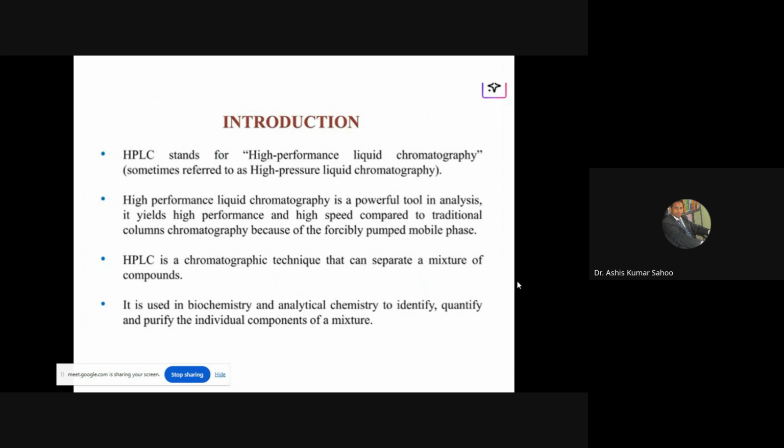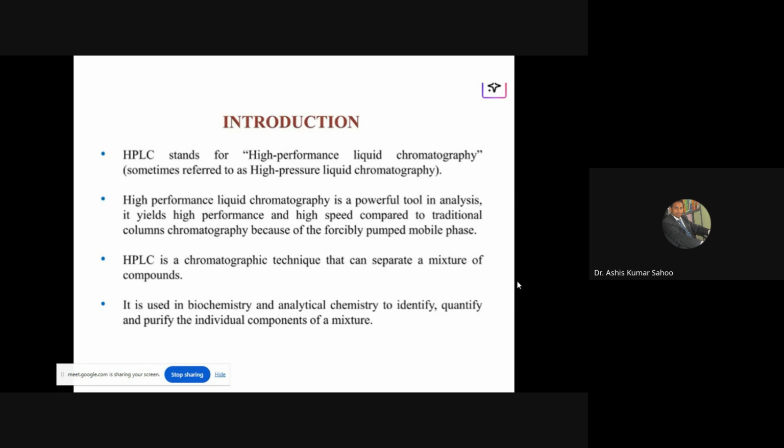HPLC is a powerful tool in analysis. It yields high performance and high speed compared to traditional column chromatography because of the pressure-forced mobile phase.